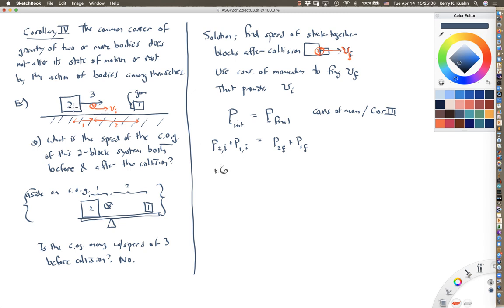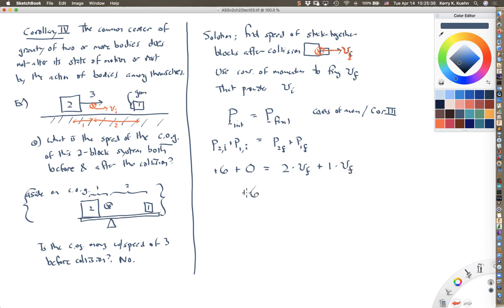Because you multiply the mass times its speed. What's the momentum of block 1 initially? That's 0 because it wasn't moving. What's the momentum of block 2 final? It's its mass, which is 2, times whatever that final velocity is of block 2. What's the momentum of block 1? It's its mass, 1, times the same final velocity, because they're stuck together. They've got the same final velocity, right?